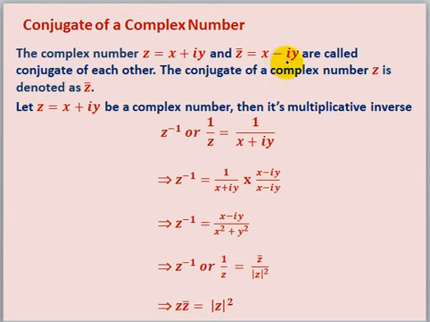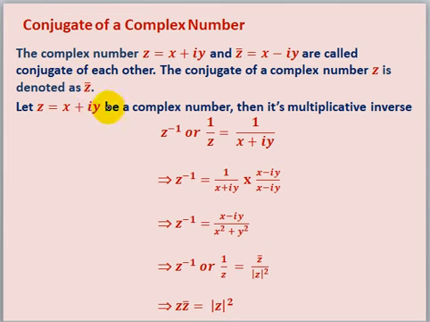So if z is your given complex number, then z with a bar over it is its conjugate, and you will see their real parts are same and their imaginary part differ by a negative sign. This is the notation for conjugate of any complex number. The complex number with a bar will be its conjugate.